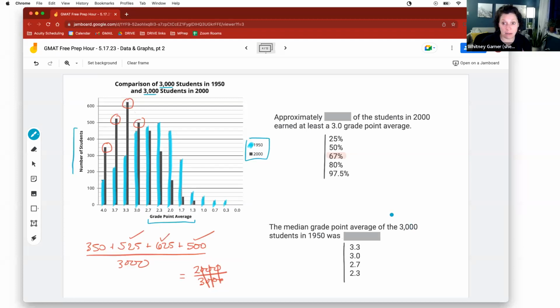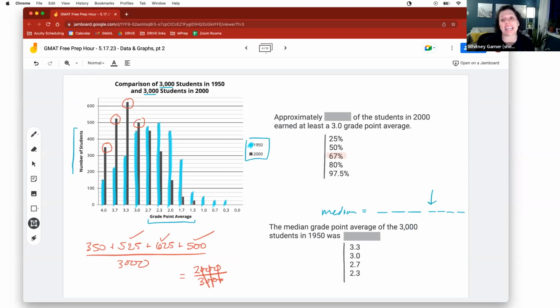So median is equal to the middle. Exactly. If I put them in order, it's like the middle number. Or if there's an even number of terms, it's halfway between the two middle ones. So the median is the physical middle of an ordered list.